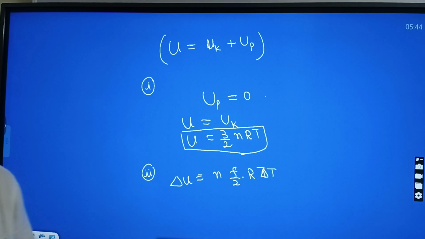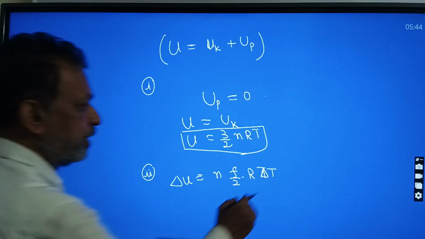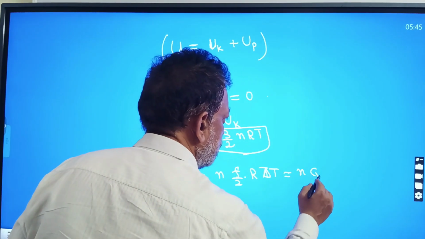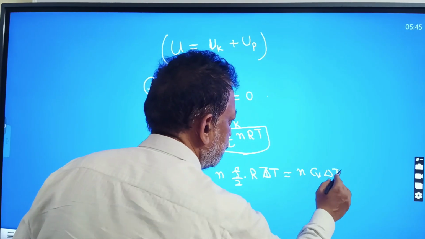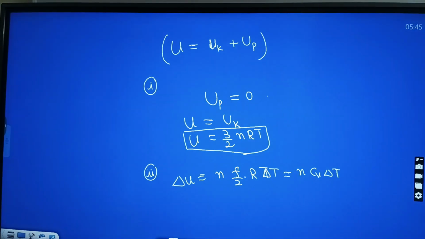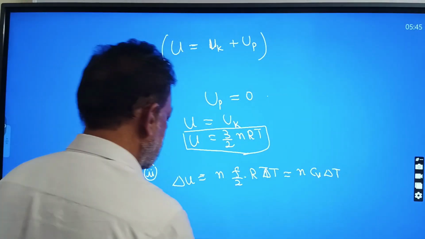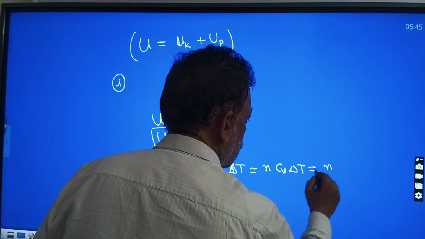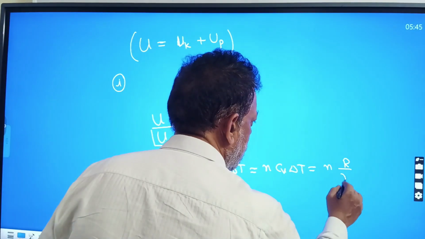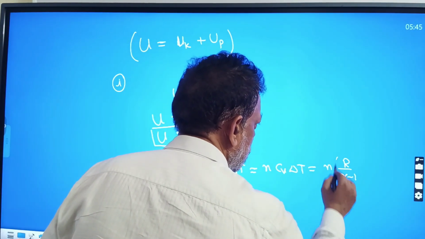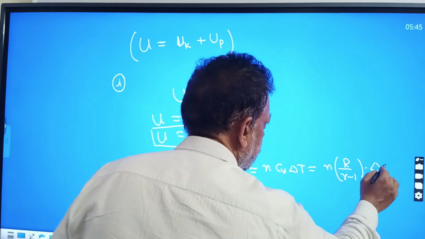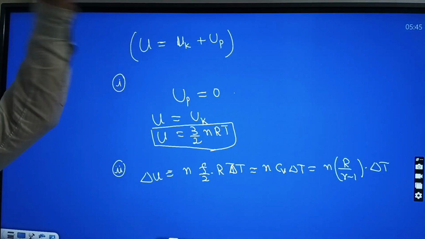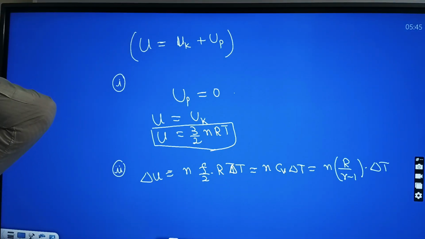That is equal to n Cv delta T, which is equal to n into R by gamma minus 1 into delta T, since Cv is R by gamma minus 1.